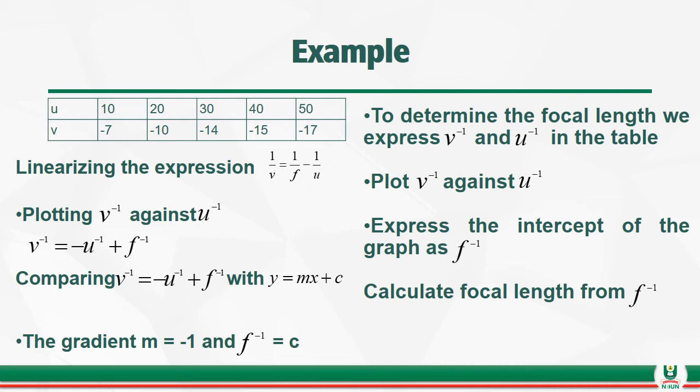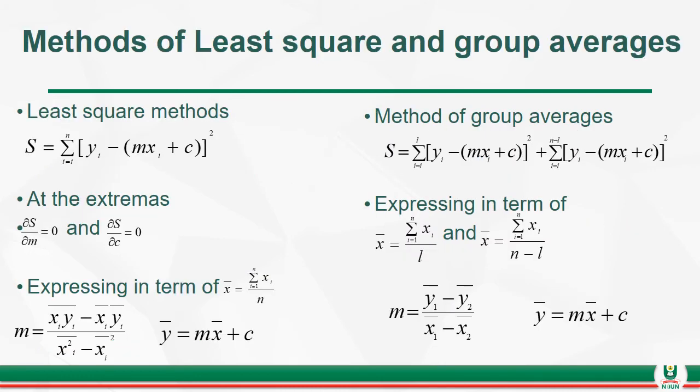Therefore, we can use that to calculate the focal length. Then we move to method of least square and group averages. Of course, least square method starts from the error between the drawn line of best fit and the exact point that was recorded in an experiment.